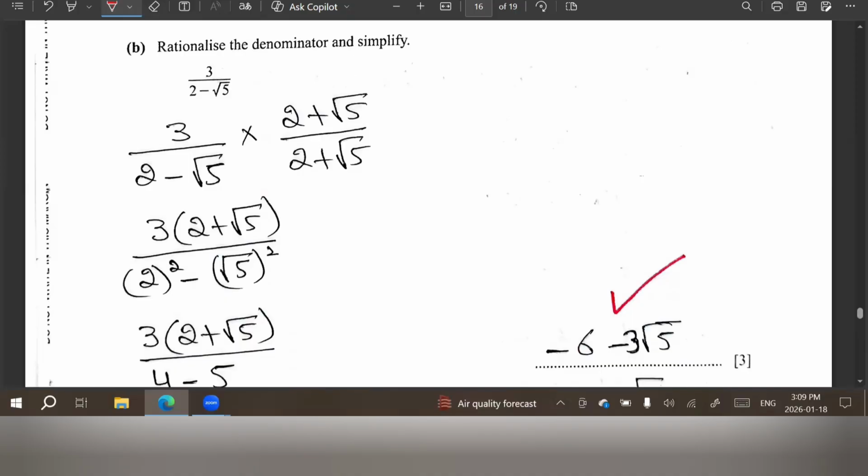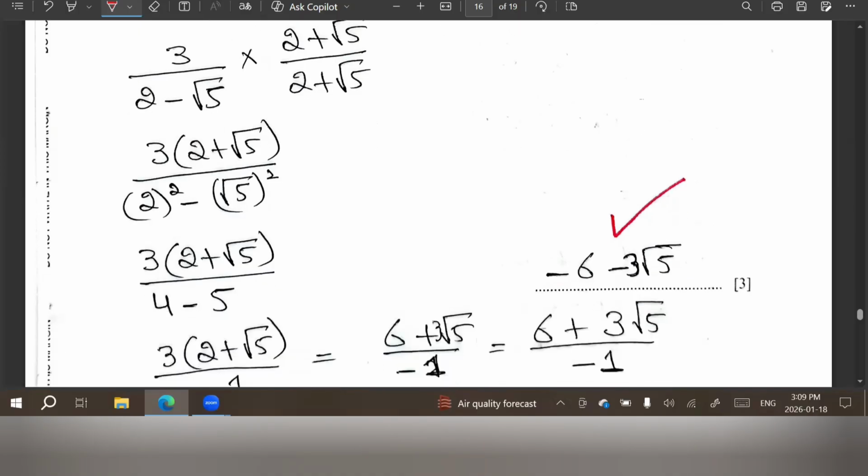So you will have here 3 bracket 2 plus under root 5. And downstairs, because this is a minus b and a plus b multiplying, it is like a square minus b square. So you will have 2 square minus under root 5 square. The numerator will remain the same. In the denominator you will have 4 minus 5, which will be minus 1.